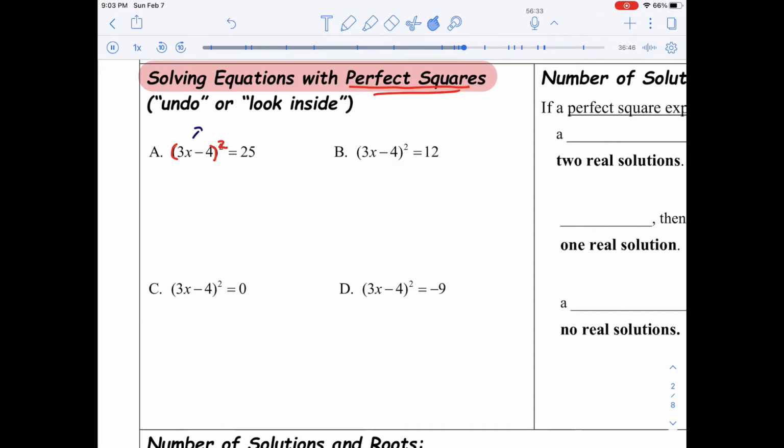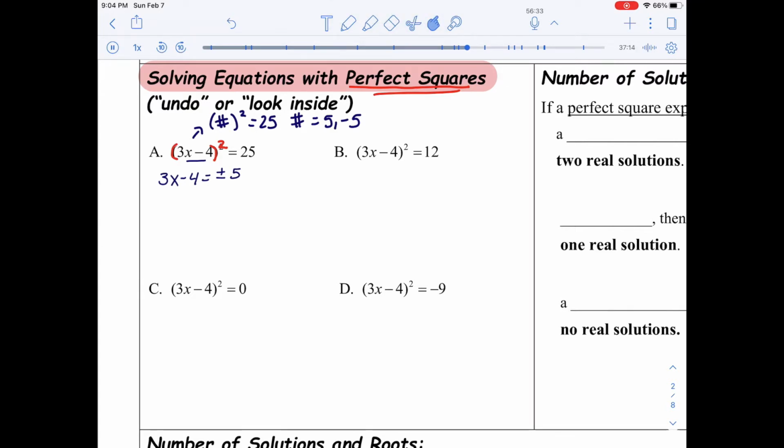Well, I know that there's two numbers squared that can equal 25. Those two numbers are either 5 or negative 5. So I can write a new equation saying that whatever was in my parentheses, 3x minus 4, equals positive or negative 5.